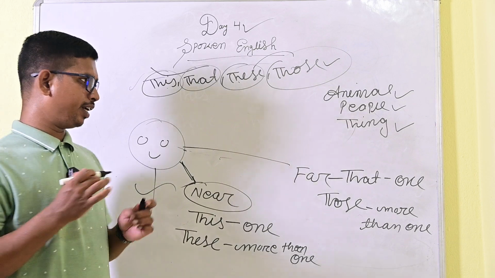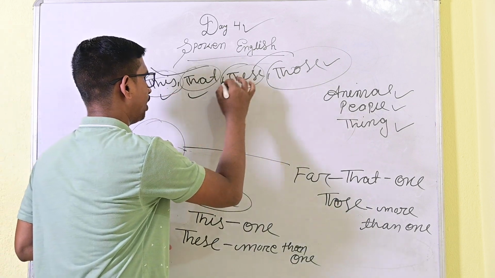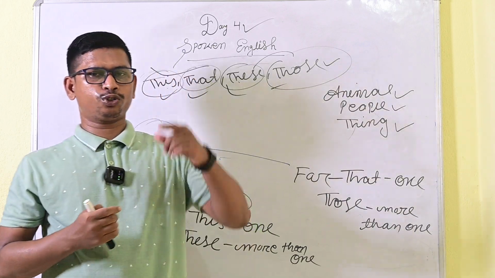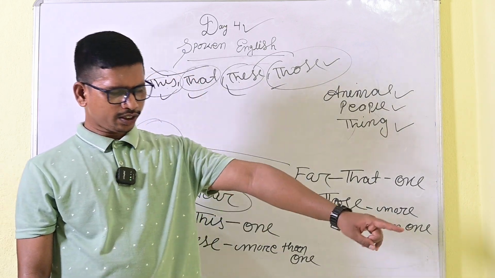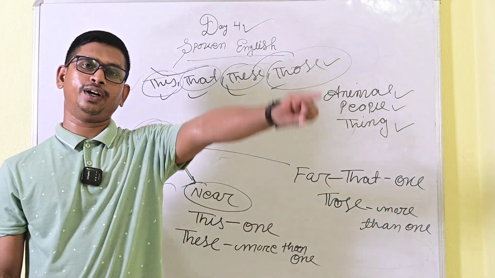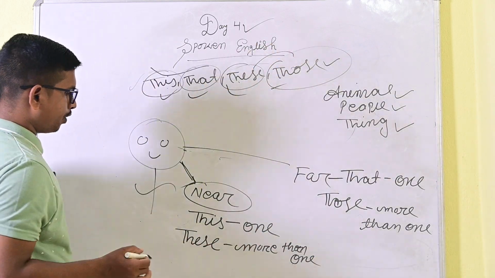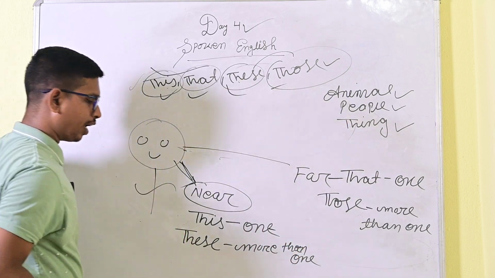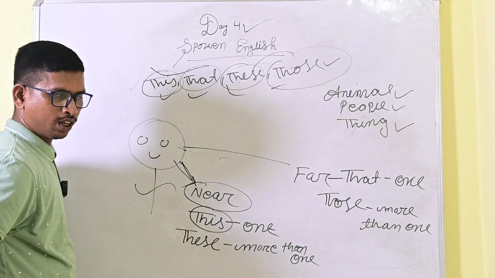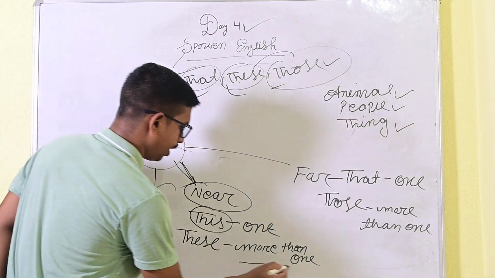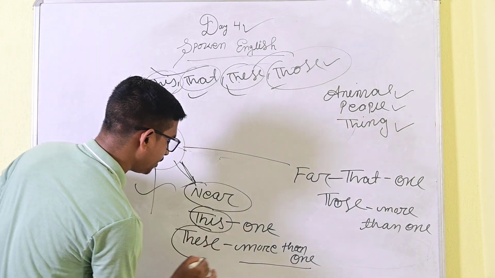One more time, I'm telling you where to use this, that, these, those. In some cases, we talk to people showing our finger. In two ways we show our finger, one is near and one is far. When we talk about near and about one person, one thing or one animal, we use this. When we talk about near and it is more than one, we use these.